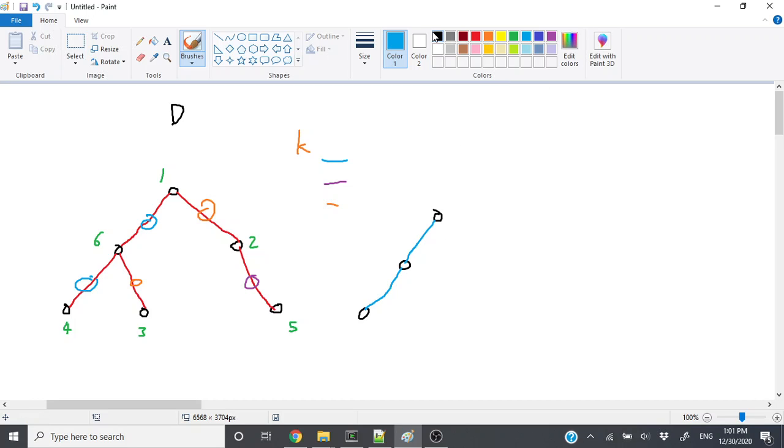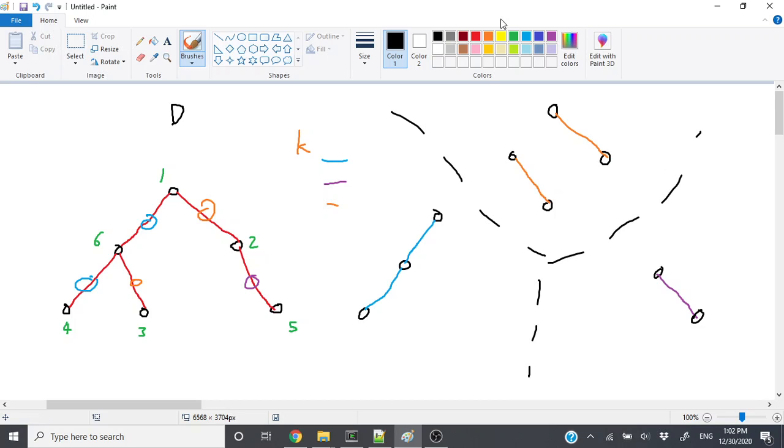For the orange, we have 4 nodes connected to orange edges, specifically these. I'm keeping the nodes in their original positions in this drawing. And then the purple is going to be this component. So each of these colors are separate.